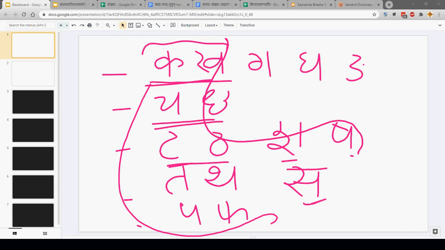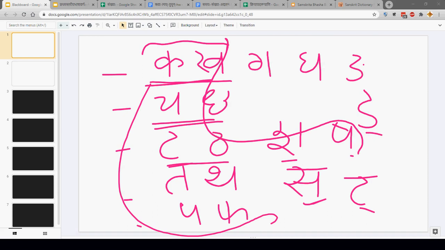comes after that shat, then it remains ta. Otherwise, other than these 13, any other swara, vowel, or any other vyanjanam, consonant comes, then it changes to da.